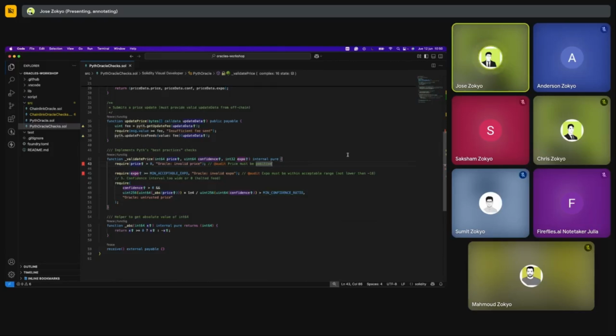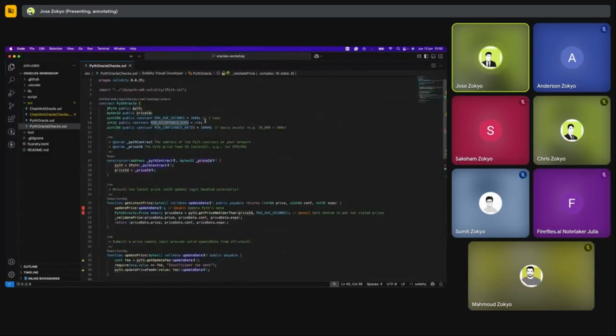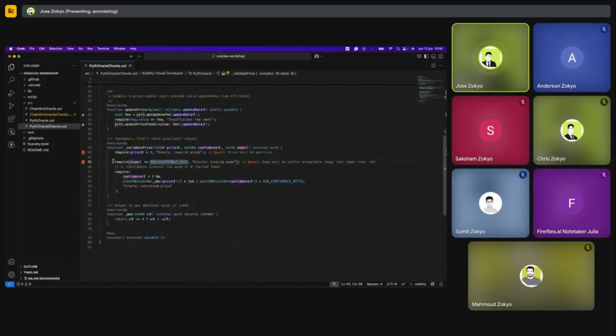In this case, I would recommend checking that the exponents are normally negative. The minimum acceptable one would be negative 18. Something smaller than this would be reverted due to this check. So that would be an auto safety check.